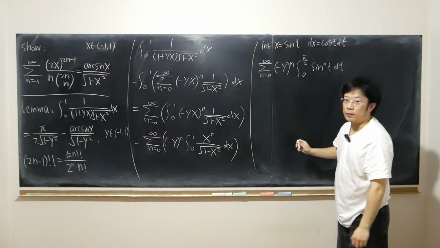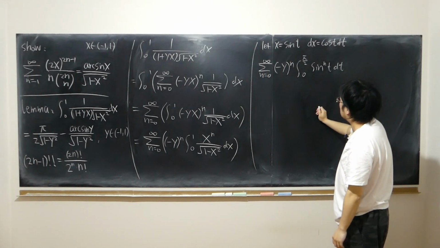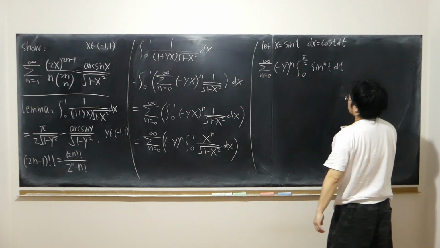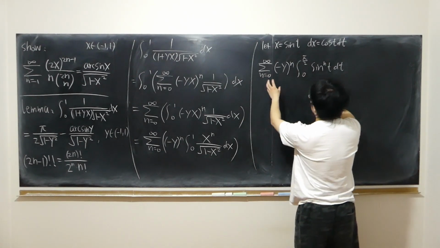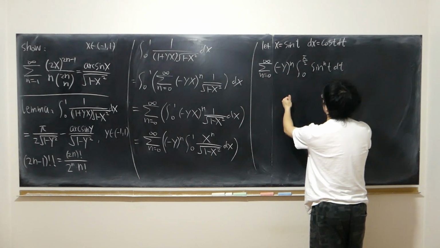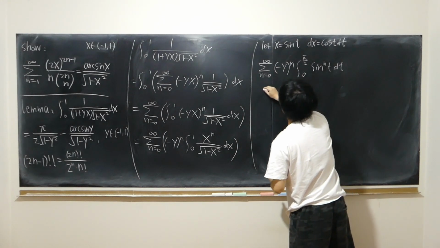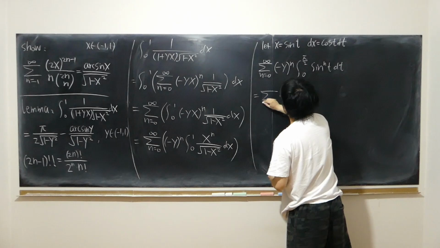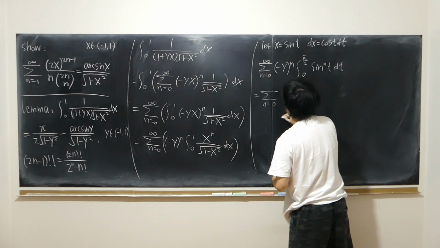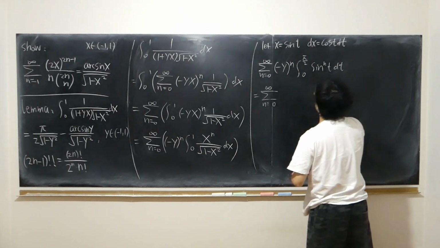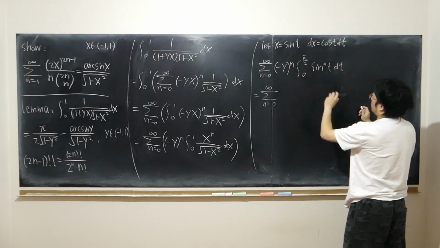So again, we use the standard form, the Wallis integral formula. Of course, it depends on whether n is odd or even, so we split it into two parts. Since it's from 0 to infinity, perhaps I write it this way. First I look at the even part.